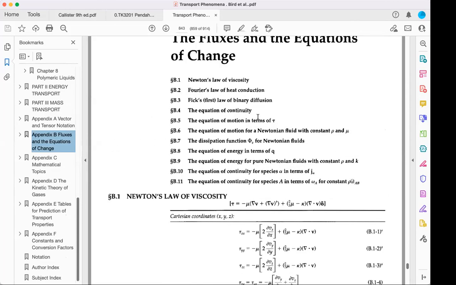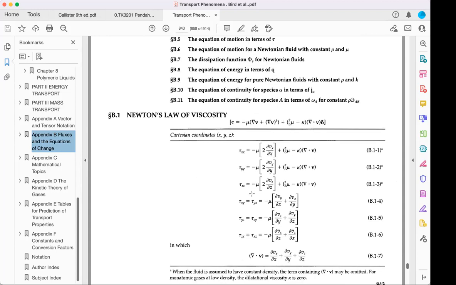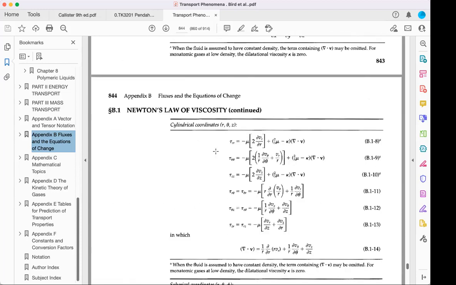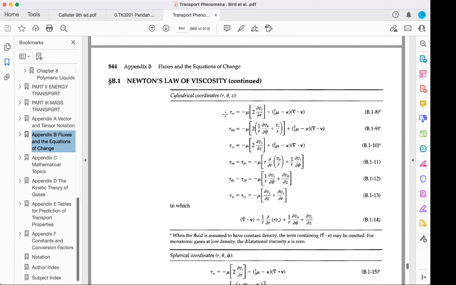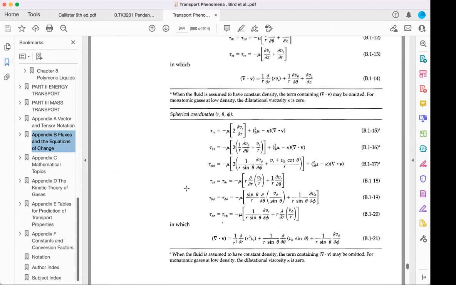So how to read this? In each subchapter, for example B1, Newton's law of viscosity, we have the general writing for the equation, and after that you can see it in Cartesian coordinates, which is a function of x, y, and z, or cylindrical coordinates, which is a function of r, theta, and z, or in spherical coordinates, right?